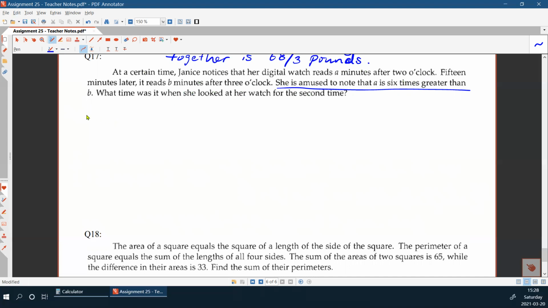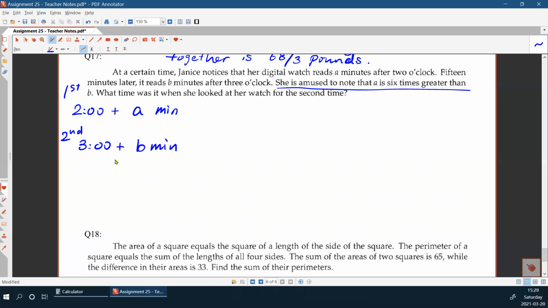So her first read is 2 o'clock plus A minutes, right? This is the first read. How about the second read? The second read is 3 o'clock plus B minutes.